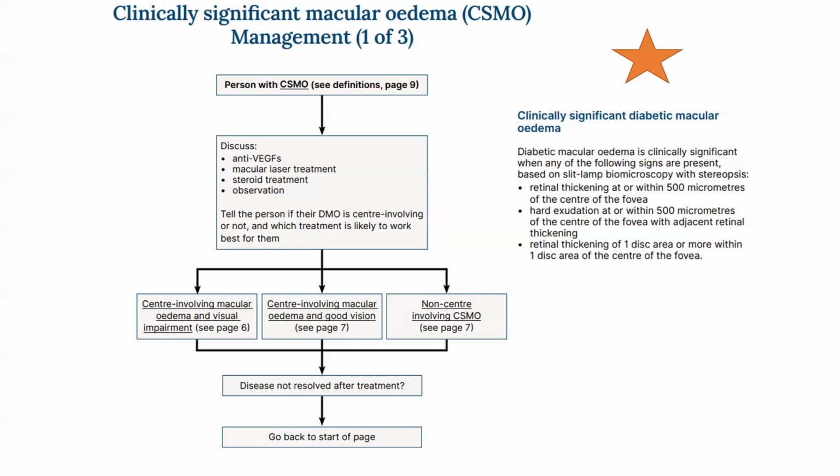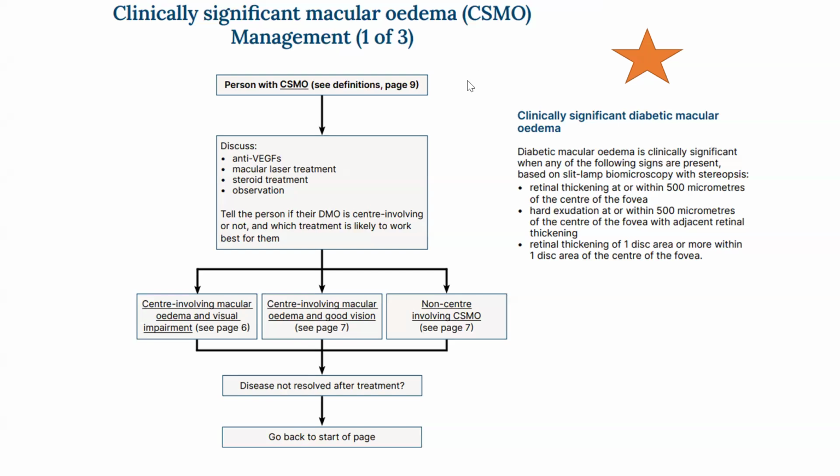If any one of these three statements is present, then it is clinically significant diabetic macular edema. It's very important to remember this definition, which is mentioned in the guidelines as well, because this has been asked several times in previous exams.